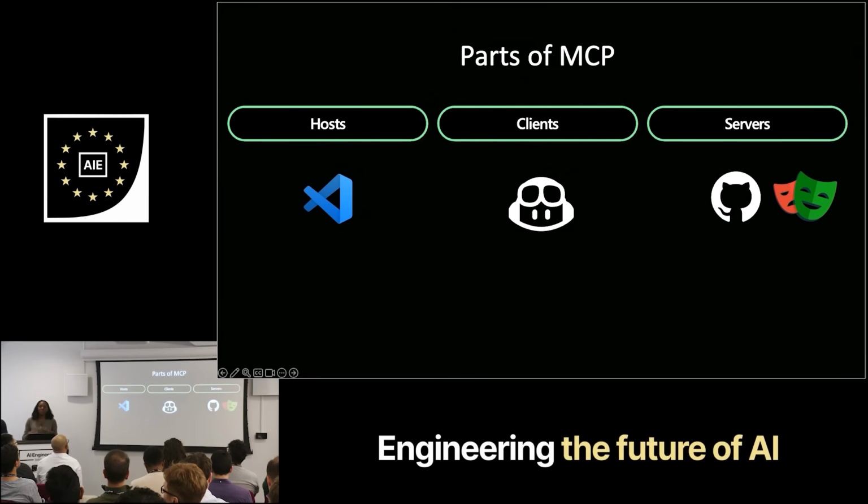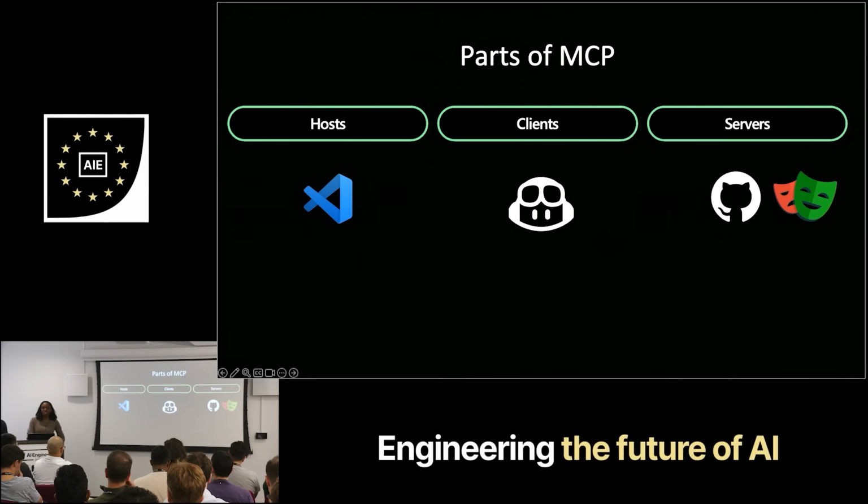And then the final thing would be the servers. Servers are going to be lightweight programs that expose specific capabilities through MCP to provide that context. You can build your own servers, or you can use any of the many servers that are available out there. In VS Code, if you go to the extensions tab and type in @MCP, you'll get a list of different servers that are available.